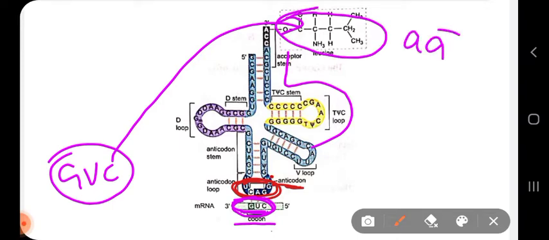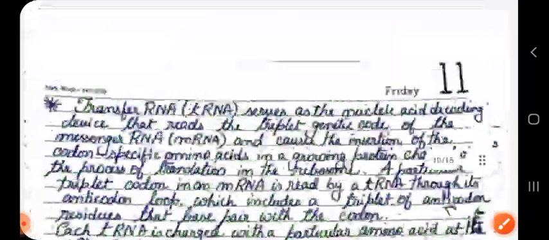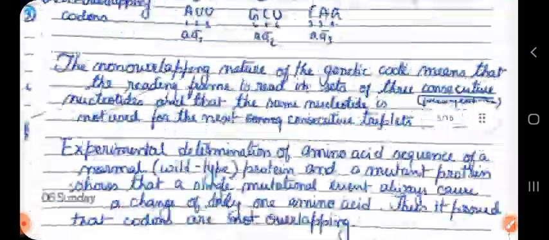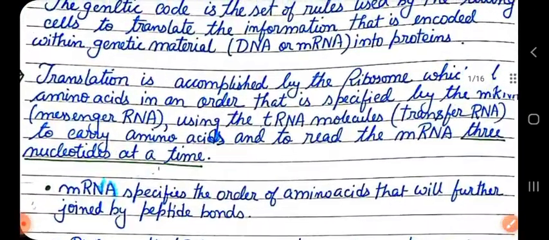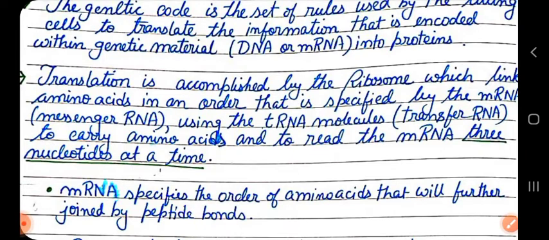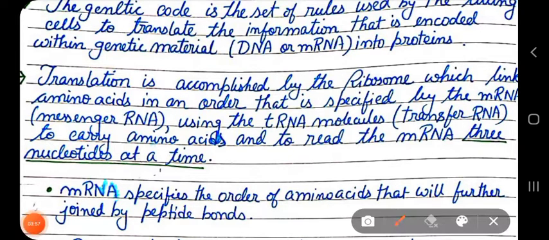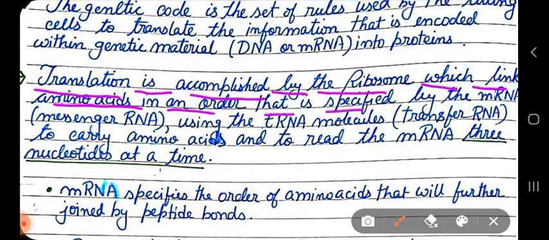So that's why in this lecture they have said that this whole translation process is accomplished by the ribosome, which links the amino acids in an order which is specified by the mRNA.